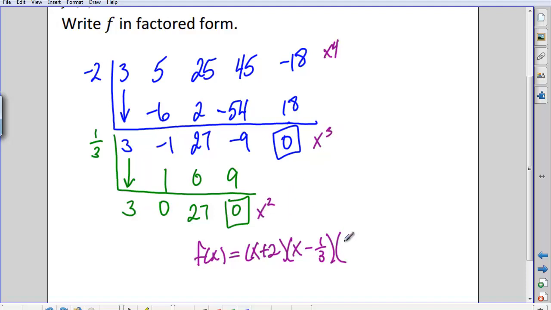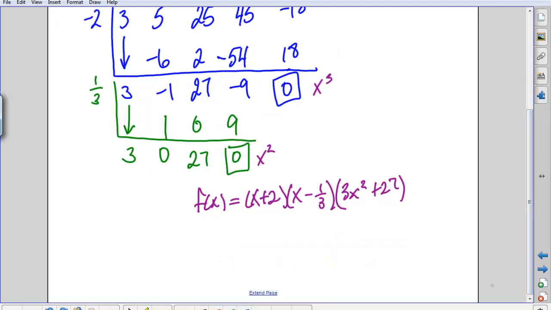So that's 3x squared, no x term, plus 27. So we found two real zeros. We know this is a 4th degree polynomial, so there's got to be two more complex zeros left. And they're going to lie inside this piece right here. So to figure this out, take this and set it equal to 0.